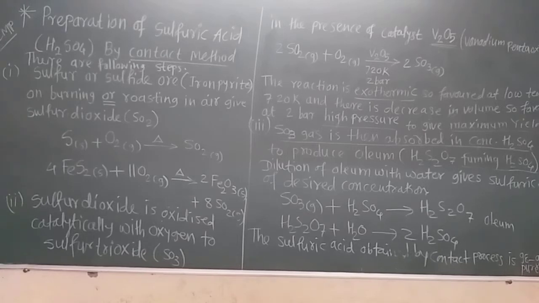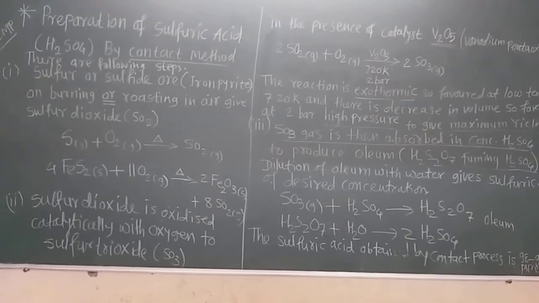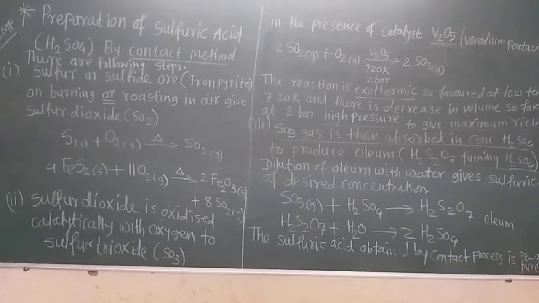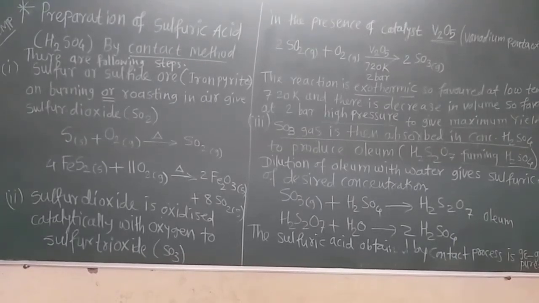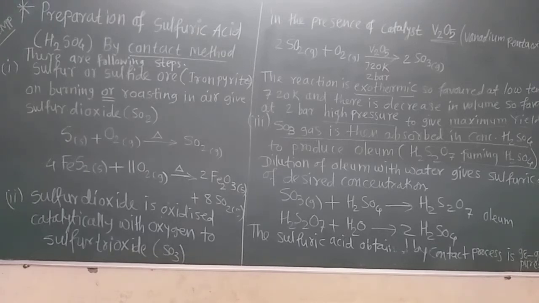And after the preparation, or by absorption of the sulfur trioxide gas into the oleum, we can dilute this oleum with water and obtain the sulfuric acid of the desired concentration. That means 98 to 99% pure sulfuric acid is obtained by this method.